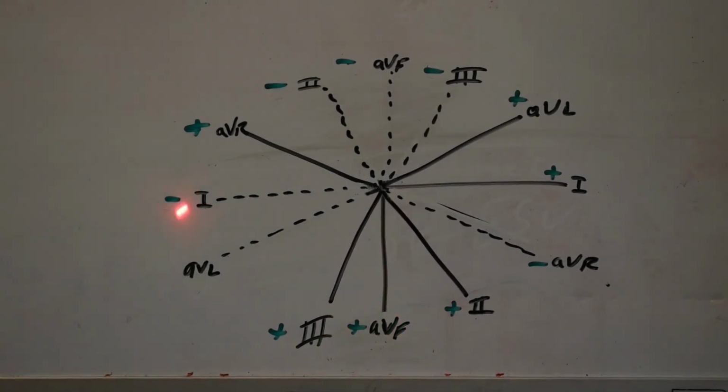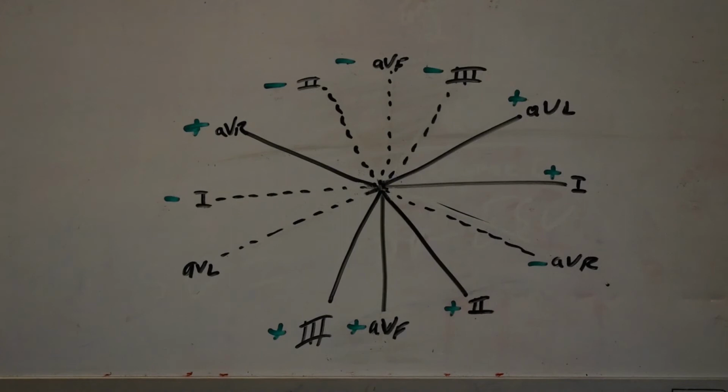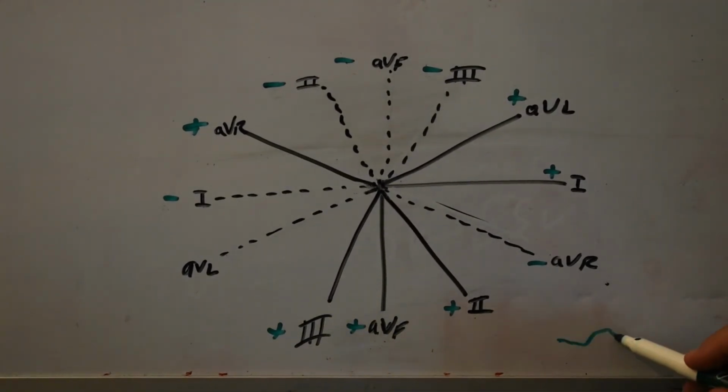So in other words, imagine the base of the heart, the right atrium, is somewhere up here, and the SA node is somewhere up here. The normal electrical current should travel down this line towards the positive end of lead 2. And if it does, then it should give us a reading that looks something like this.